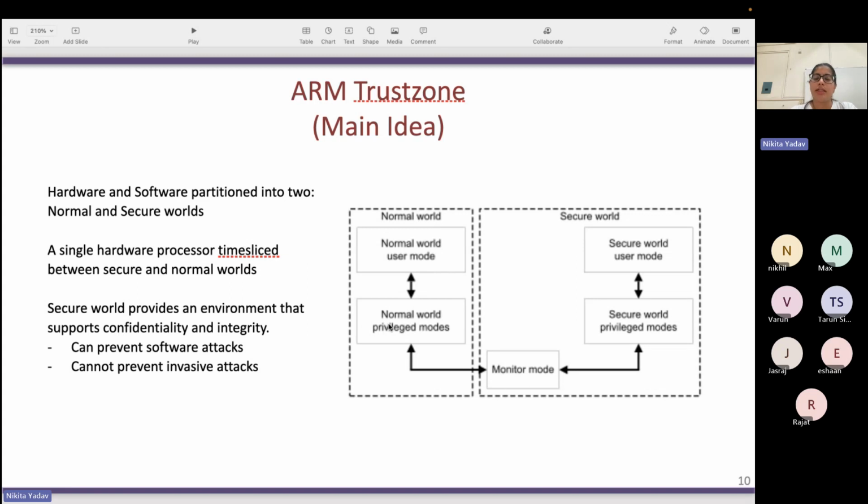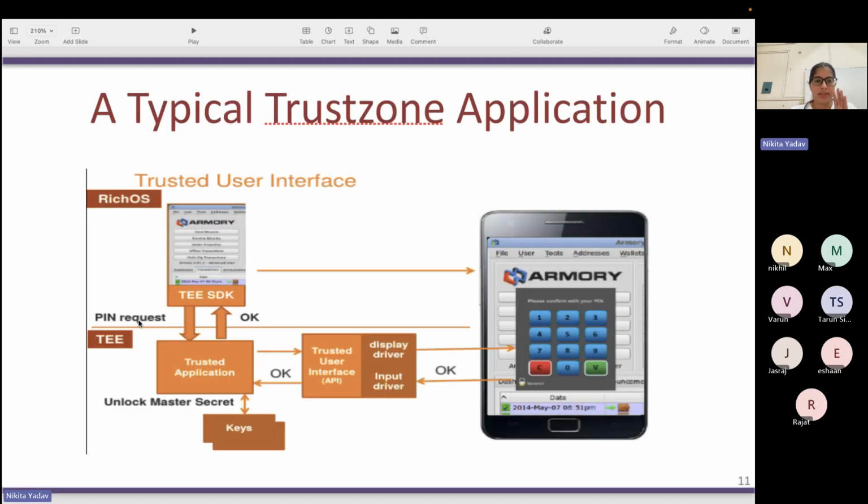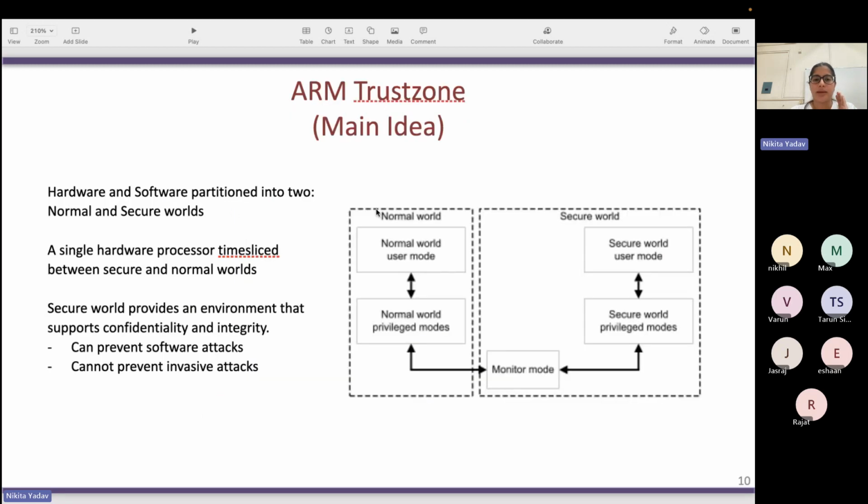So if you're writing an application like Armory here in this case, the Armory application will be running in your normal world. It is going to have to request the OS, making a call to the OS that, hey, I want to switch to the secure world.